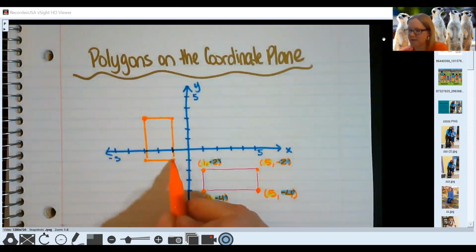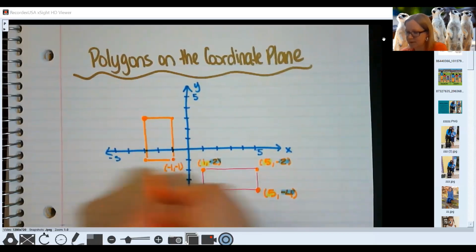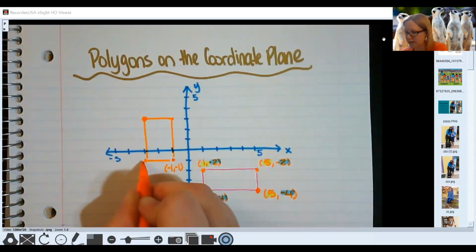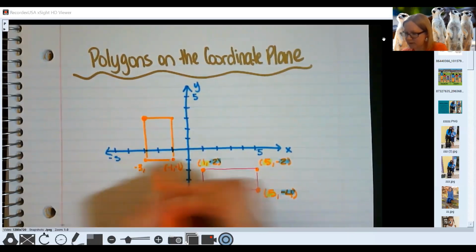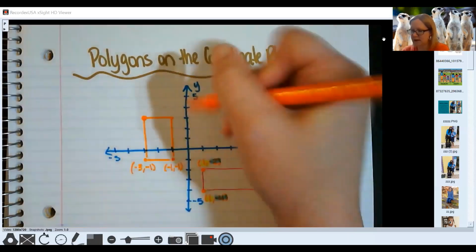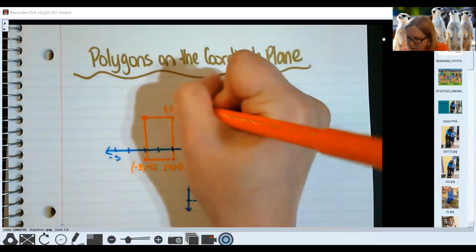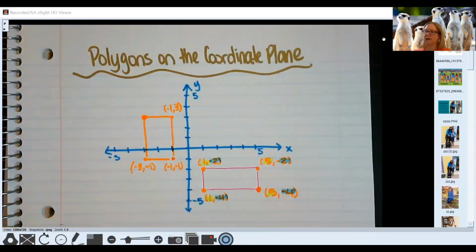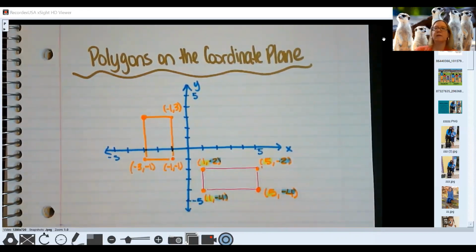So for instance, this point right here would have been -1, -1. This point would have been -3, -1. And this point was -1, 3. As I pointed out with the first rectangle, anytime you have a rectangle, you're going to have 2 pairs of x coordinates and 2 pairs of y coordinates.